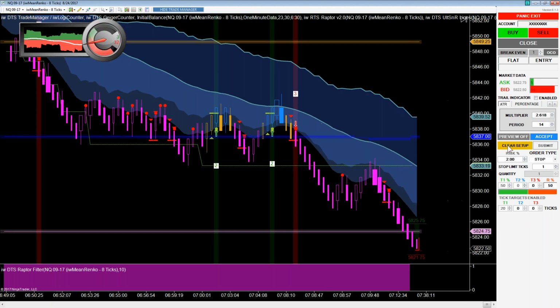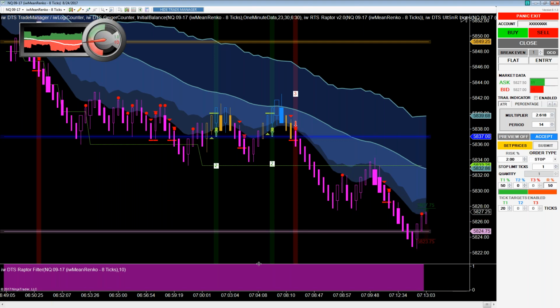If you can find 2 reasons for taking a trade, you'll probably be all right. What would my 2 reasons be for that signal? Well, the very, very strong downtrend, and of course that the Raptor produced a signal. Almost halfway toward a hard edge bounce.